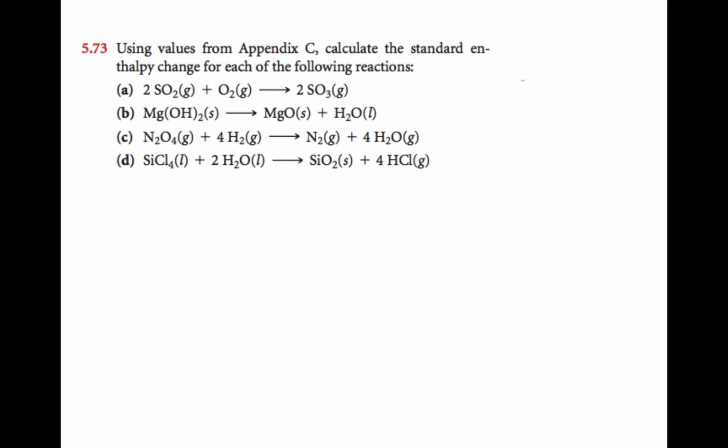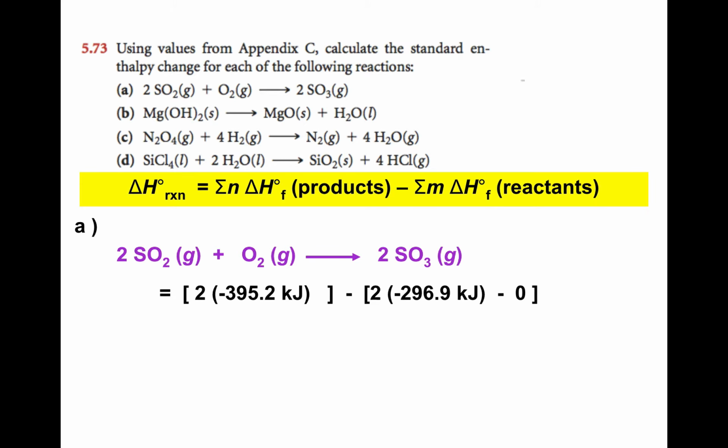So we're doing the same thing with problem 73, except with different reactions. I look up in the appendix what the heats of formation for oxygen and sulfur dioxide are, and then I subtract it from the heat of formation of sulfur trioxide. So again, the coefficients here matter, right? You're not making 1 mole of sulfur trioxide, you're making 2.